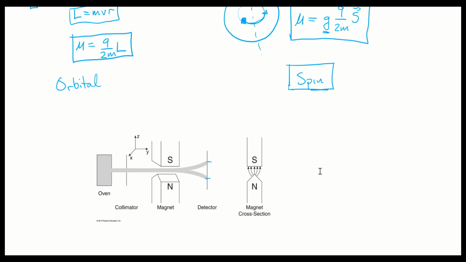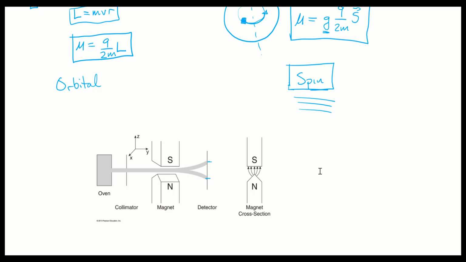Turns out that maps directly to two possible values of the angular momentum in the z direction. Specifically, what this was looking at is the spin angular momentum of that silver atom. If we were to try to analyze this as we've done today using classical physics, it totally fails to account for this.